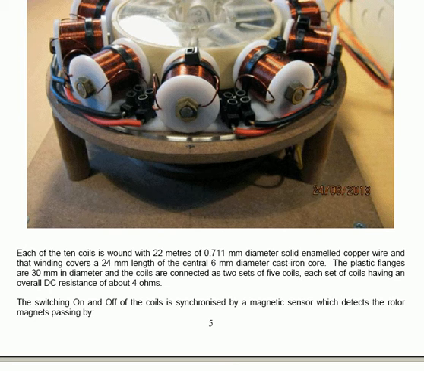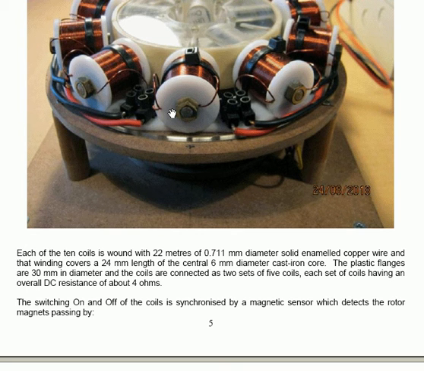The plastic flanges, these are the white plastic flanges here at each end of the coil, keep the wire in position. They're 30 millimeters in diameter, and the coils are connected as 2 sets of 5 coils, each set of coils having an overall DC resistance of about 4 ohms.